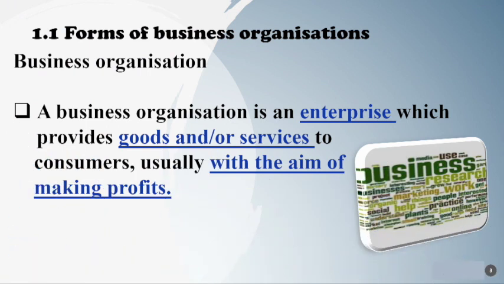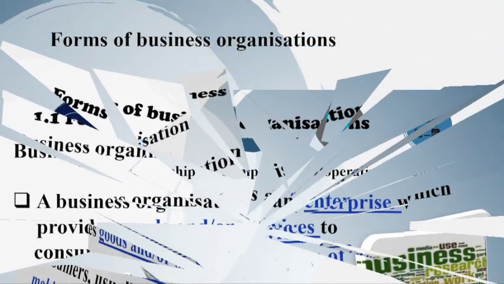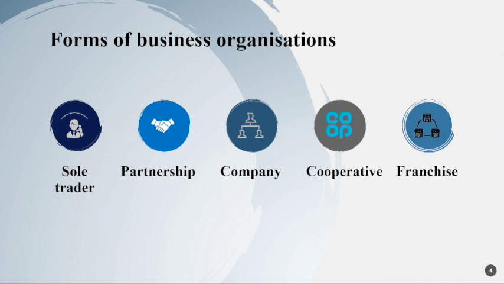Forms of business organizations. What is a business organization? A business organization is an enterprise which provides goods and/or services to consumers, usually with the aim of making profits. There are different forms of business organizations.